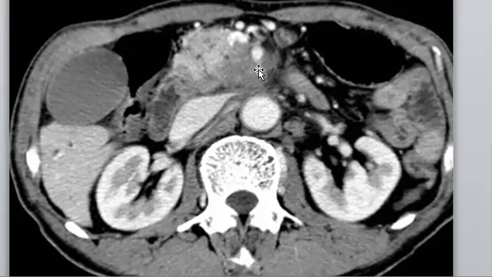Yes, perfect, more than 180. If you find circumferential thickening around the artery of more than 180 degrees, it is going to be encased, and sure, if it is occluded, that is even more so. Then search for metastasis.